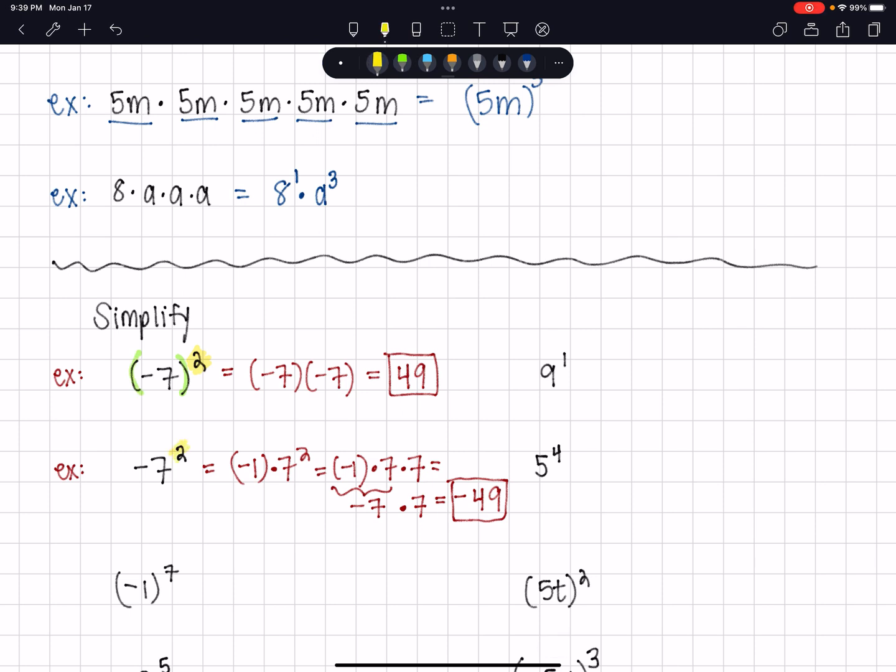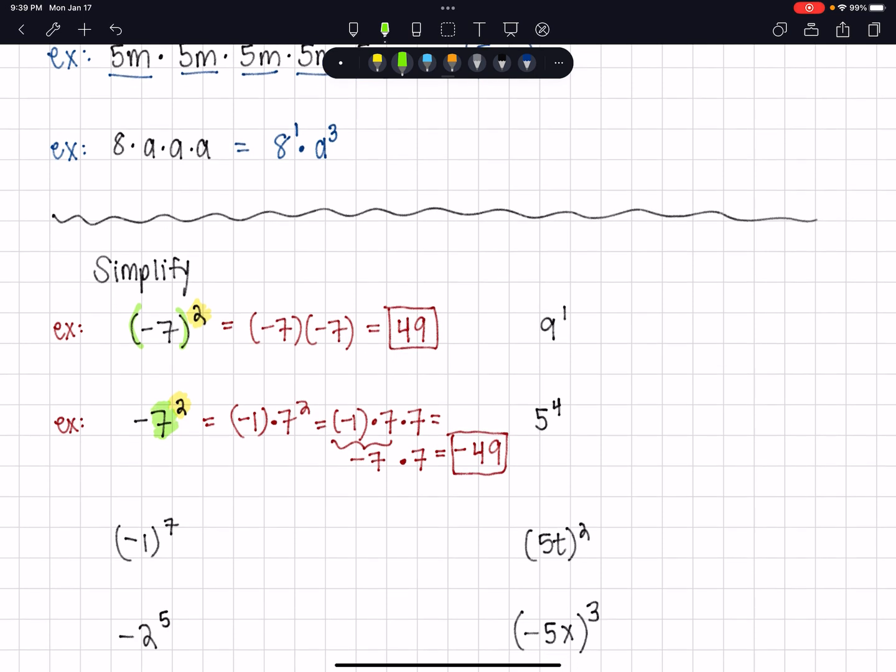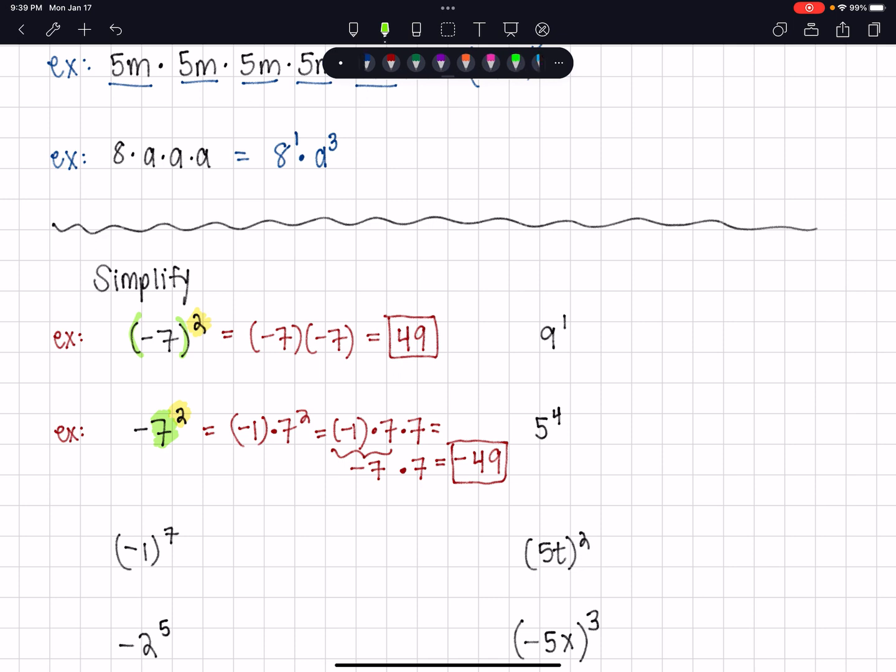This exponent isn't on the outside of parentheses, so it is just attached to the number, not the sign in front of the number. Okay, let's look at 9 to the 1st power. 9 to the 1st power would just be 9. So we multiply it by nothing. 9 to the 1st is just 1 nine, which is 9.